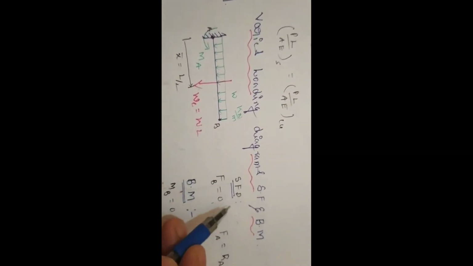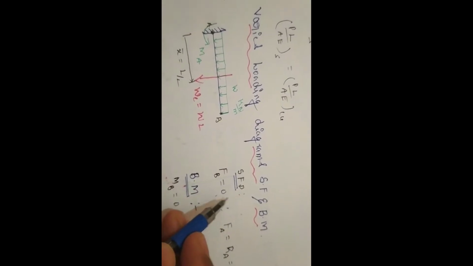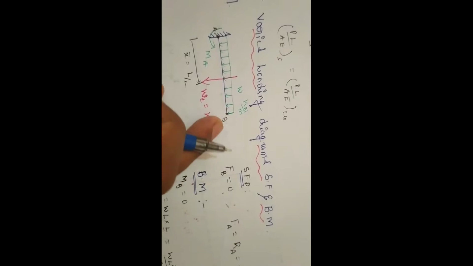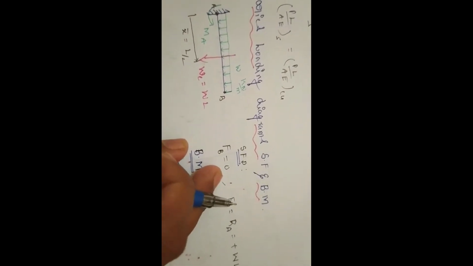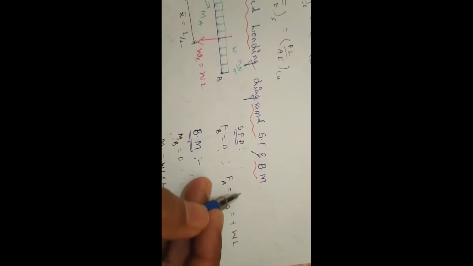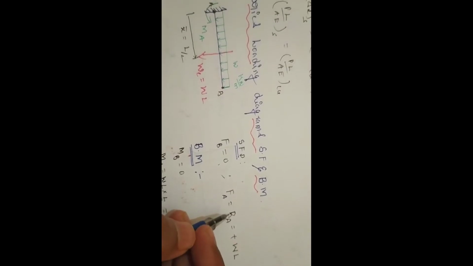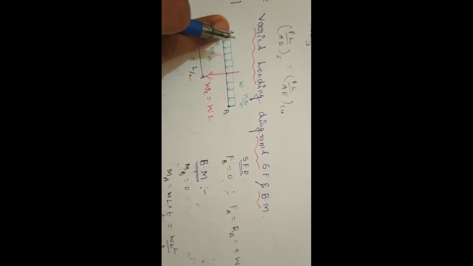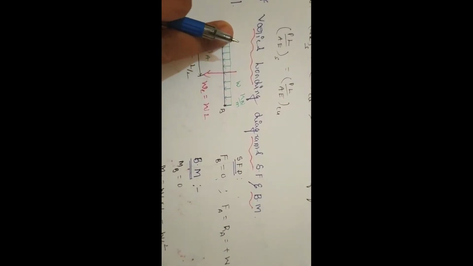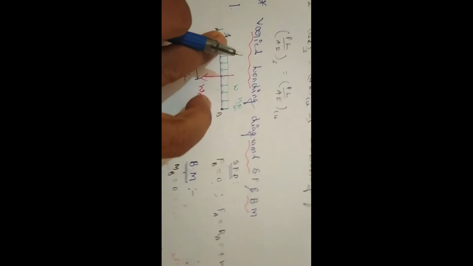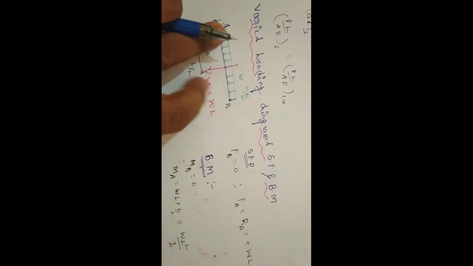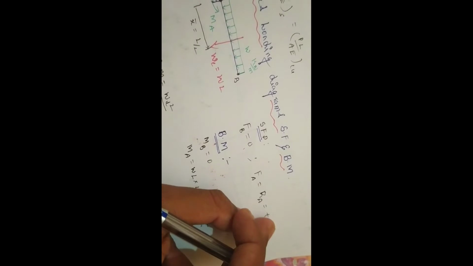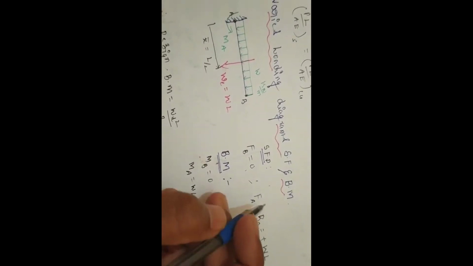Shear force at point B equals 0, because there is no load beyond point B. Shear force at point A is W into L. So this is for shear force.